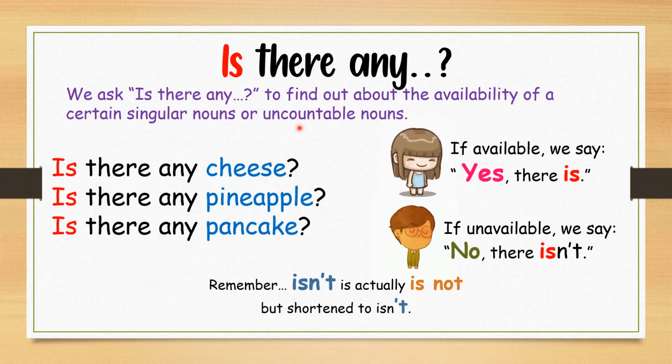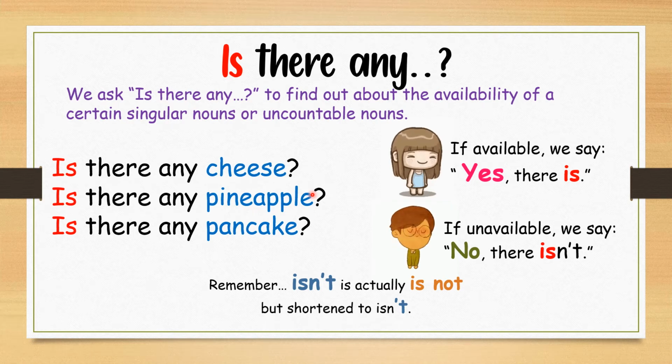While uncountable noun is anything that you cannot count. All right, let's have a look at the given examples of questions that use the phrase is there any. The first example, is there any cheese? Now, if you've noticed, the word cheese here is an uncountable noun.